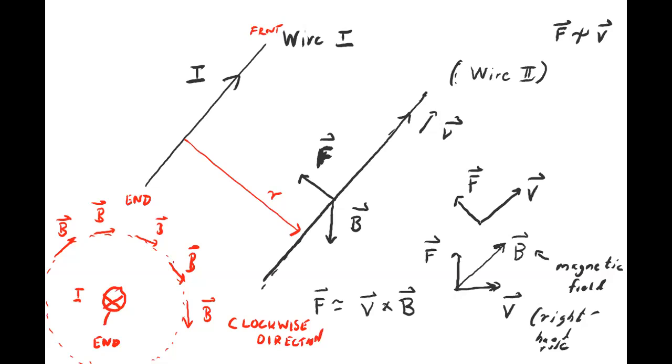The force that wire 2 experiences is given by this relationship. It's not B cross V, it's V cross B. And again, inside wire 2, there has to be something that's associated with these particles that are moving. These particles that are moving inside wire 1, they all have a charge.